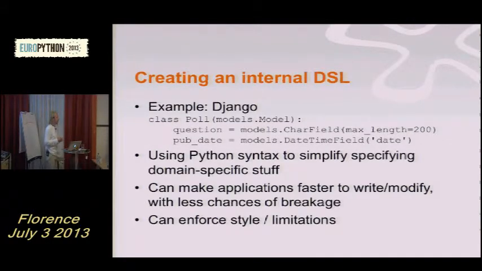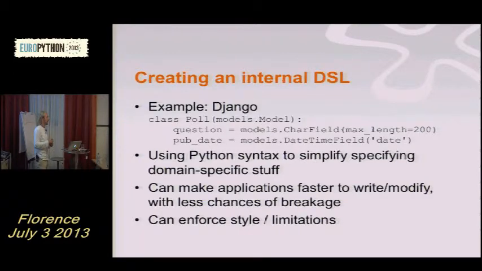But for our last part, we will be talking about creating domain-specific languages. How many of you have used Django or any other project which has domain-specific languages? Internal, that is. Yeah, a fair amount. So a domain-specific language is basically a mini language specifying how you do things that are specific for a domain.